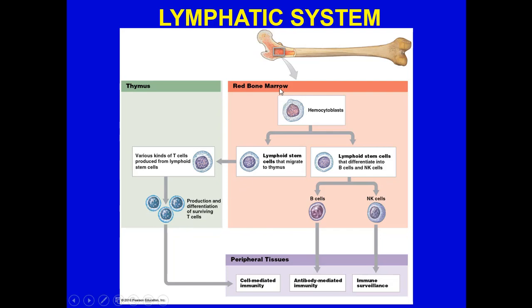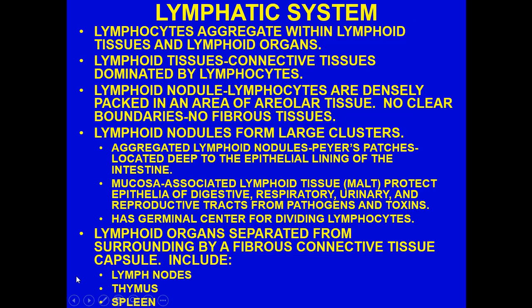And in the red bone marrow, you have hematocytoblasts. Some of them are going to be the lymphoid stem cells. They'll migrate over to the thymus, and that's where you're going to have T cell maturation. The other types are lymphoid stem cells that differentiate into natural killer cells for immune surveillance and B cells for the antibody-mediated immunity. Hope that makes it a little bit clearer now.